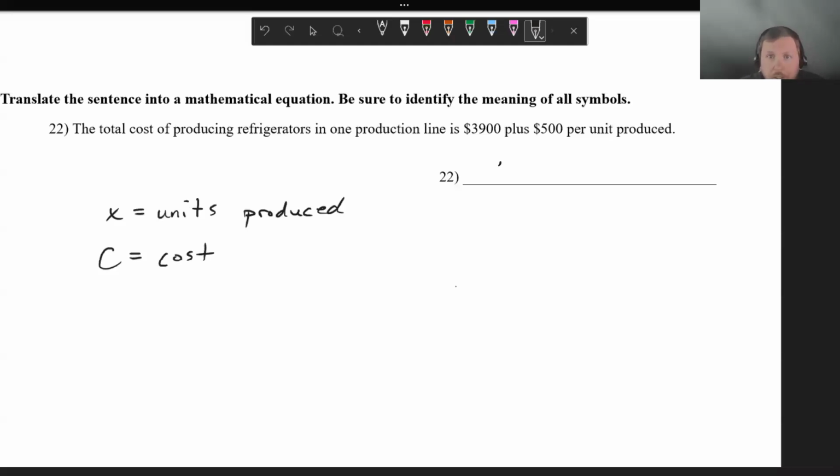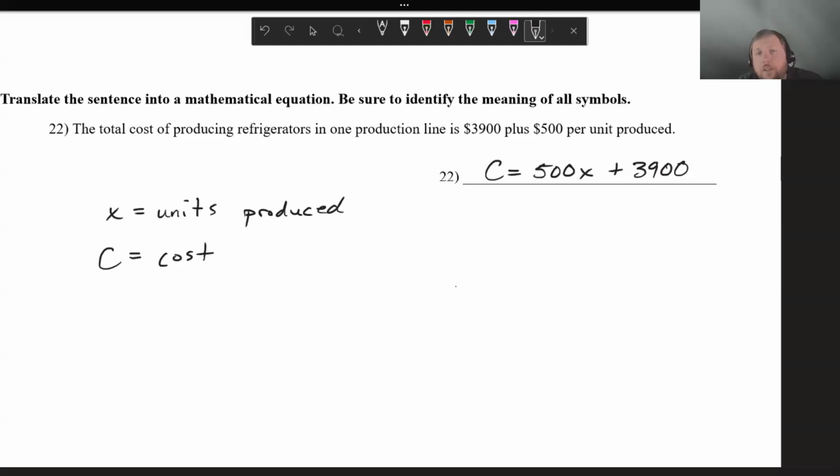So then my cost, so it's $500 per unit. So it's going to be 500 times X, and it costs $3,900 just to turn on the production line. So we just add that on. So if you get confused on this, all you could do is just say, how much would it cost to make 4 refrigerators?